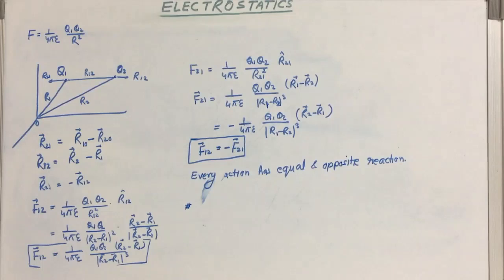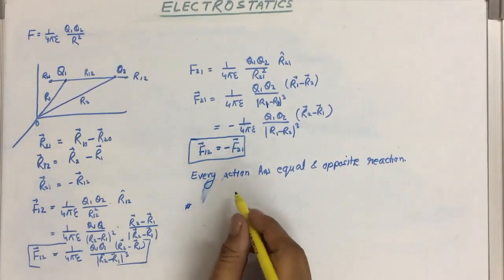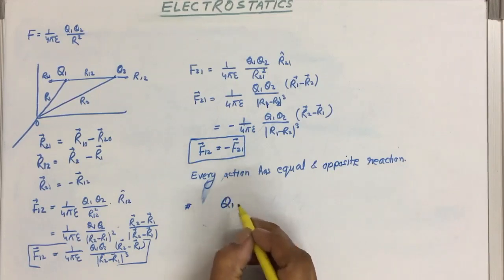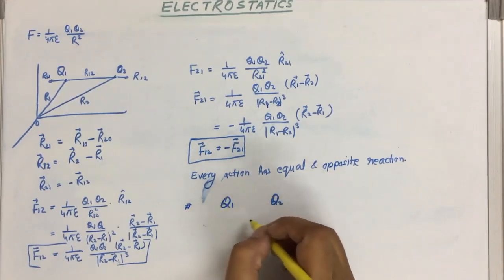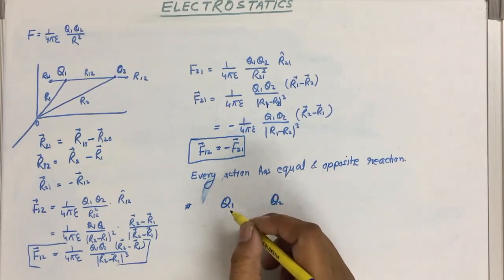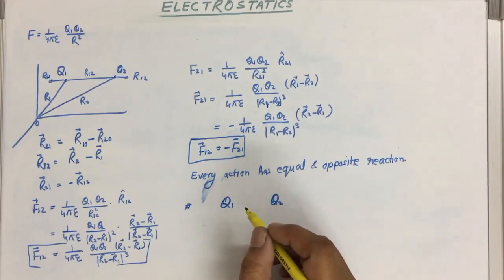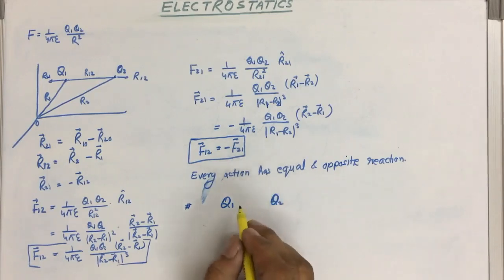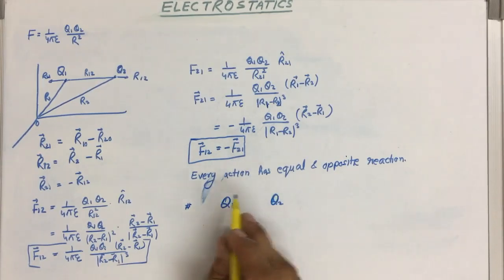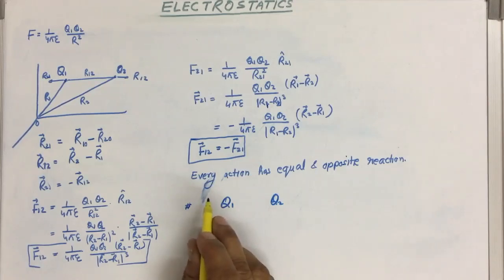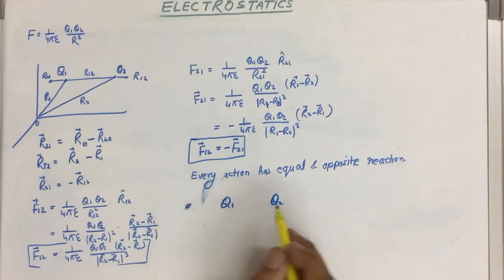Now if we consider the set of charges Q1 and Q2, both these charges as a system, then the force will be only internal force and the net force will be 0.